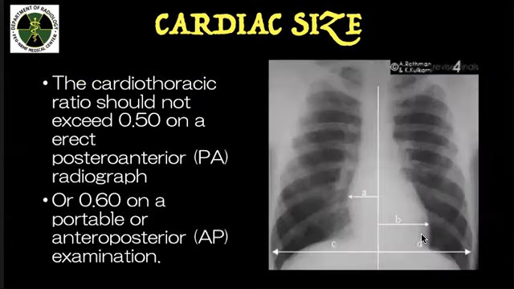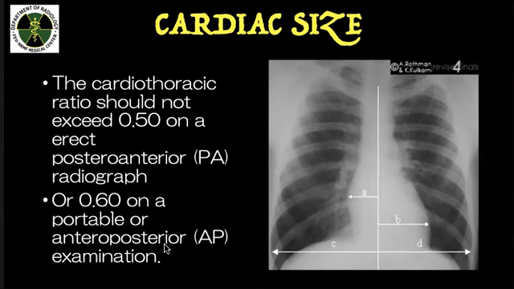The cardiothoracic ratio should not exceed 0.50 on an erect PA radiograph, because if it exceeds, you can consider cardiac enlargement. Take note, it should not exceed 0.50 on a PA radiograph and 0.60 on an AP radiograph.